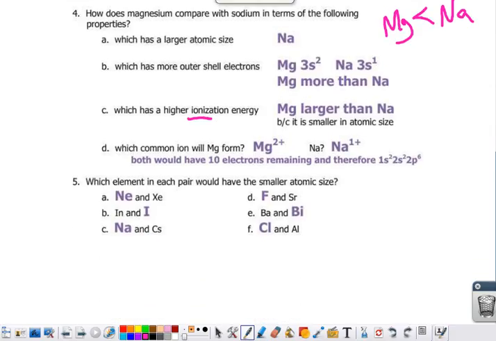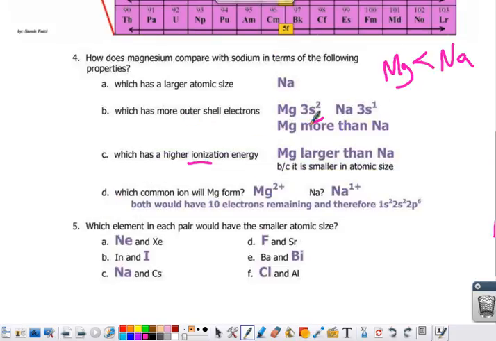What are the common ions they form? We can kind of tell this based off of these answers here. Magnesium's probably going to take a +2 because it has 2 on the outside. Sodium has 1 on the outside. It's going to lose 1. When they do this, they gain and lose electrons to emulate one of the noble gases.